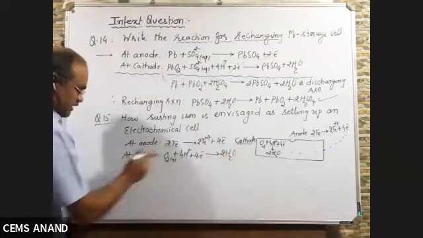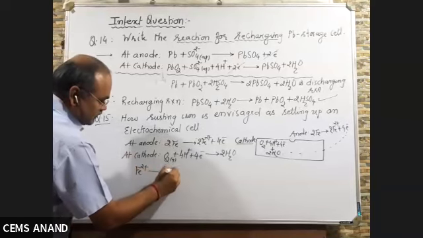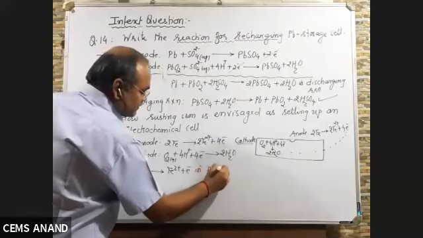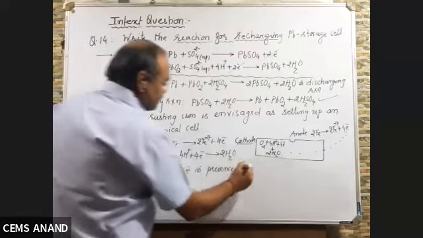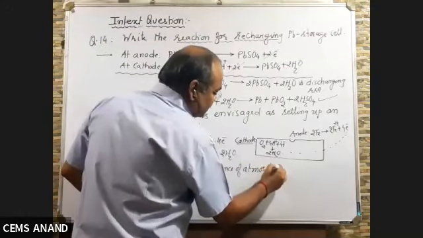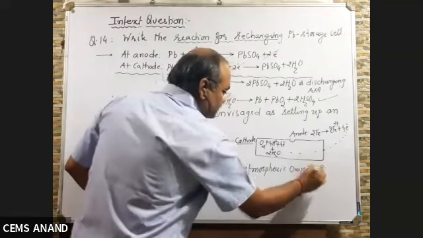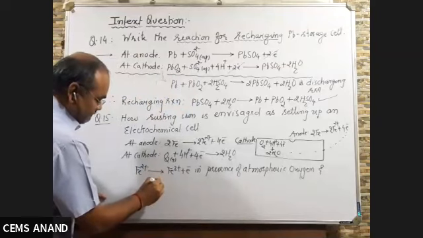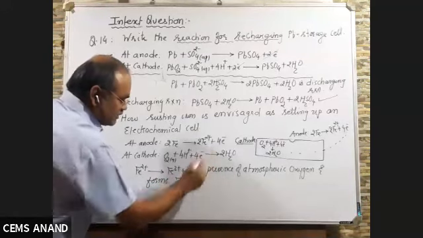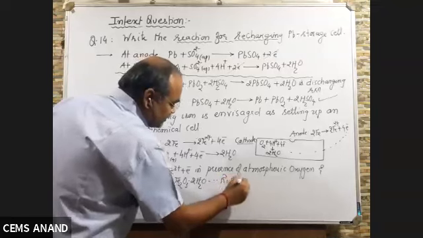But I told you simultaneously Fe2 plus is further oxidized to Fe3 plus in the presence of atmospheric oxygen and forms Fe2O3, which combines with water molecules, and in this way rusting starts.